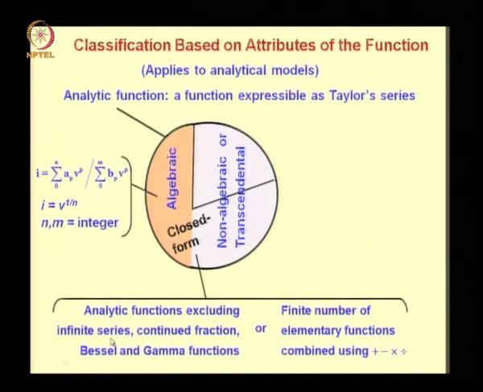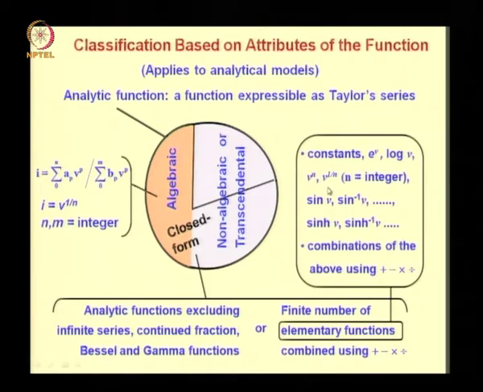Another way of identifying closed form functions is that the function consists of a finite number of elementary functions combined using the arithmetic operations, namely plus, minus, multiplication and division.